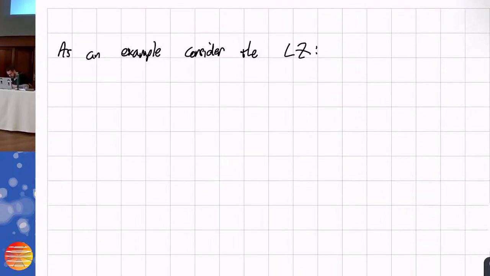As an example, consider the Landau-Zener model. If you're not familiar, this is one of my favorite things to play about with. It's a nice, easy two-level system. I have some sort of gap, and then I have some time-dependent term applied to some field.